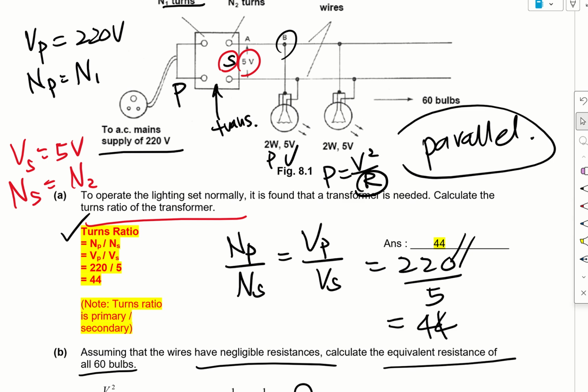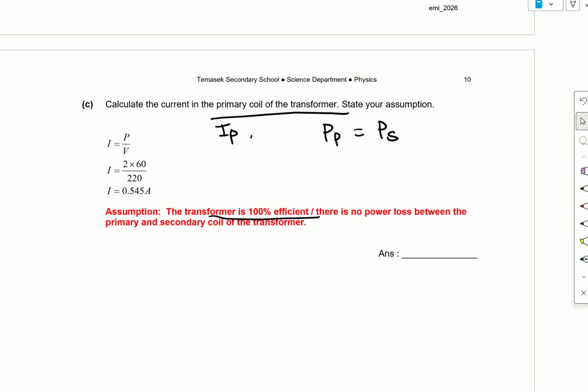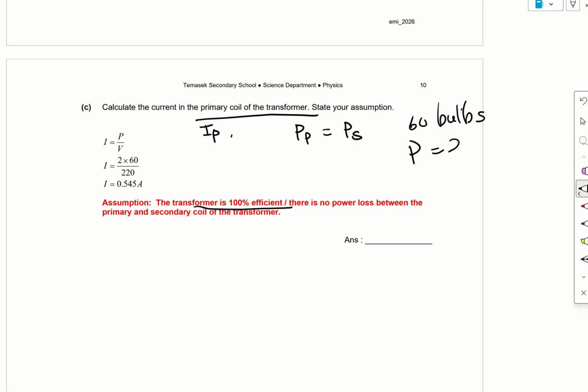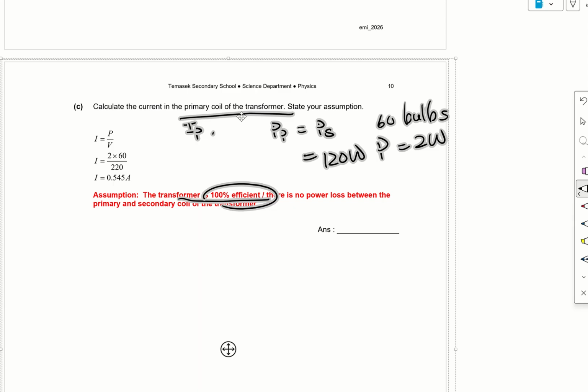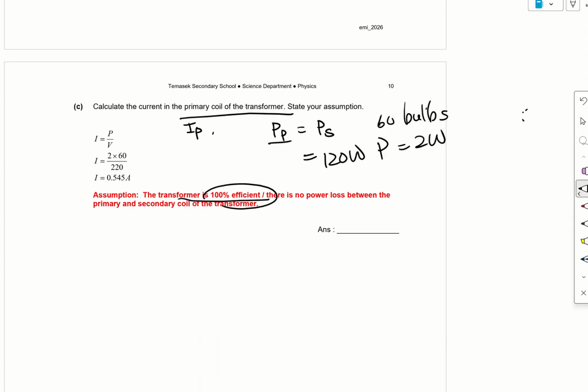The light bulbs are all connected in parallel, and we have 60 light bulbs, each with a power of 2 watts. So the total power on the secondary side, assuming all light bulbs are turned on, will be 120 watts. If the transformer is 100% efficient, the power on the primary side will also be 120 watts.